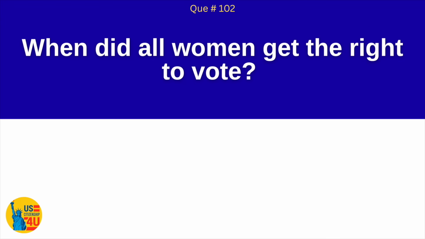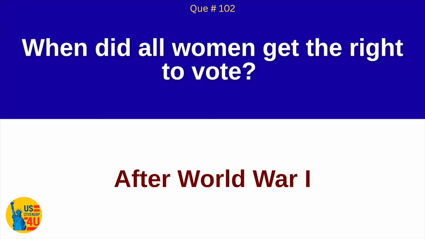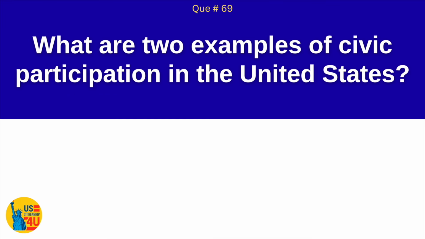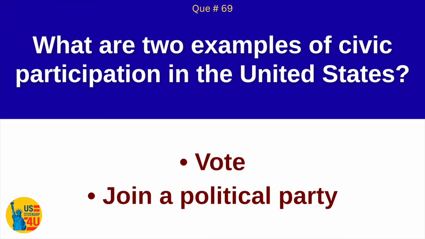When did all women get the right to vote? After World War I. What are two examples of civic participation in the United States? Vote. Join a political party.